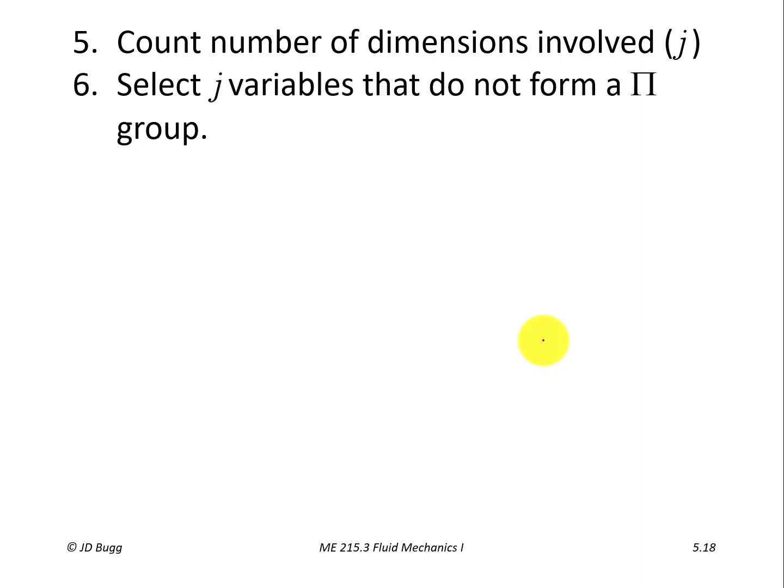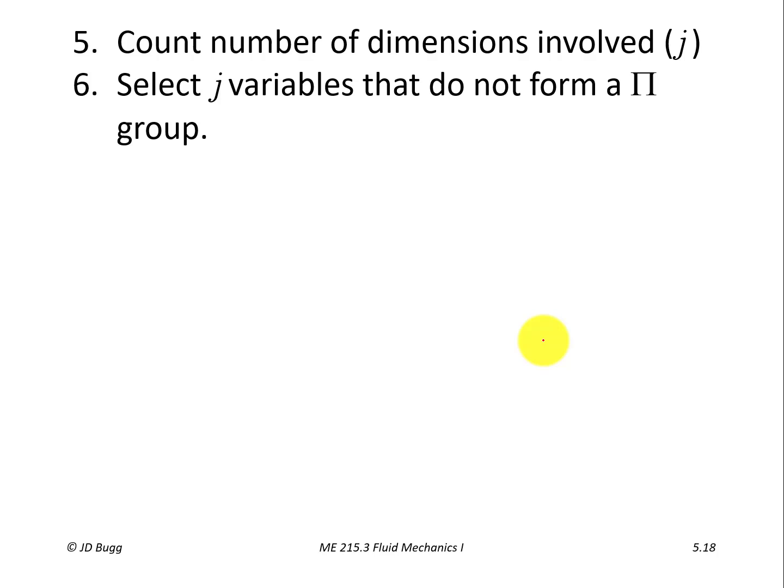Step 6 is to select a certain number of variables from our set of variables that do not form a dimensionless group, or a so-called pi group. Now, this is a little bit of a subjective step in this process, and very often there is more than one choice we could make at this point.